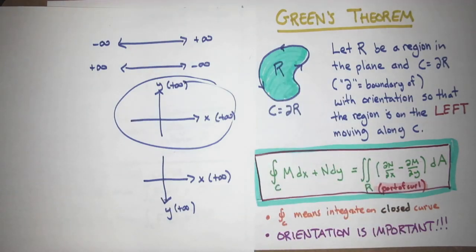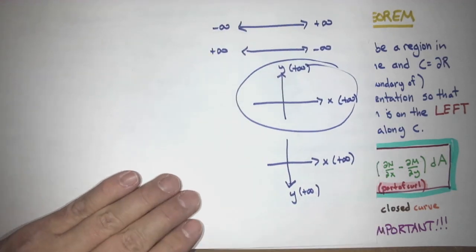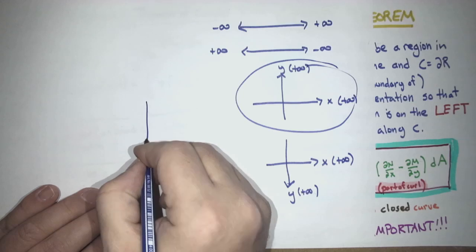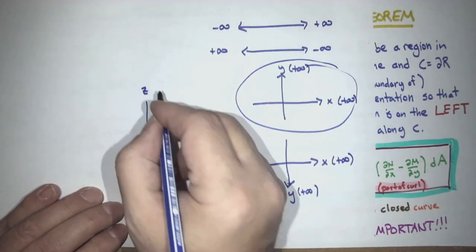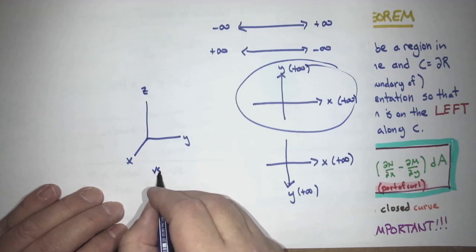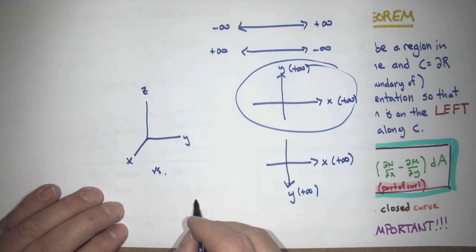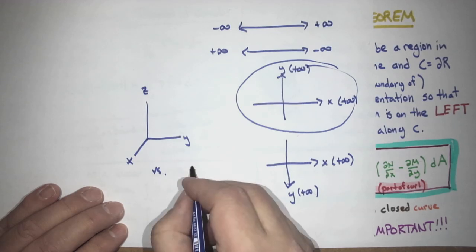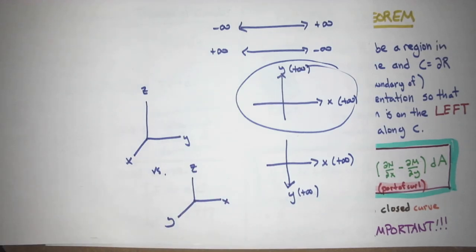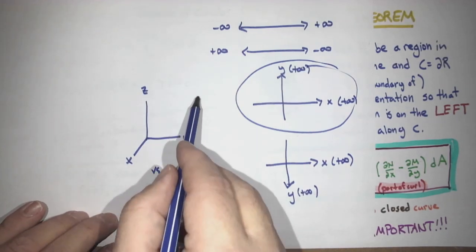Now, for three dimensions, is there an orientation built into three dimensions, the way we think about it? Yes, there is. And it has a name. So versus, these are your two different orientations. This is the orientation that we pick.